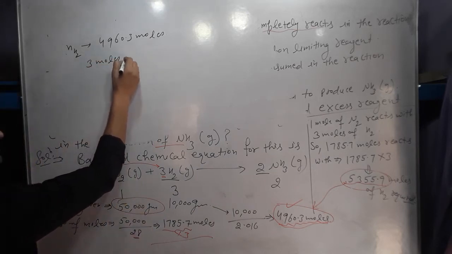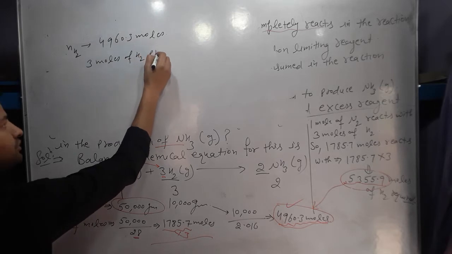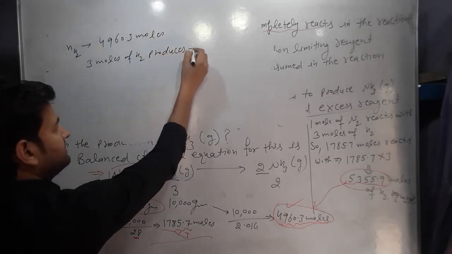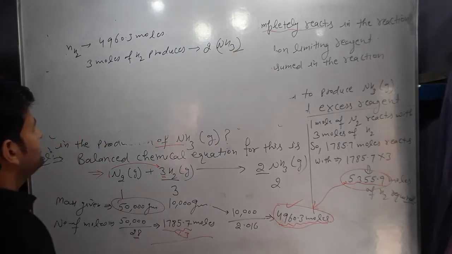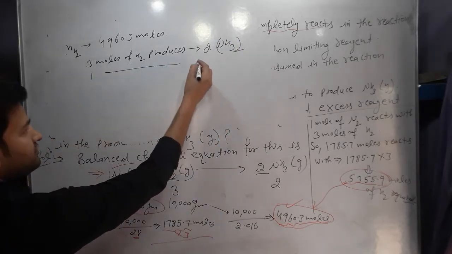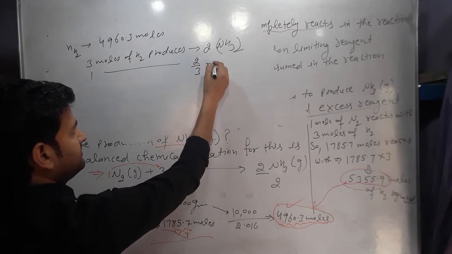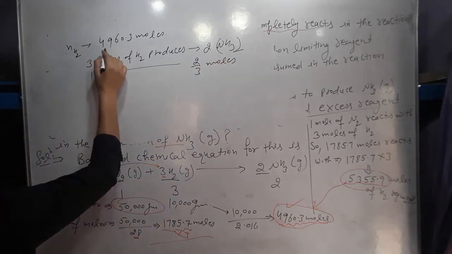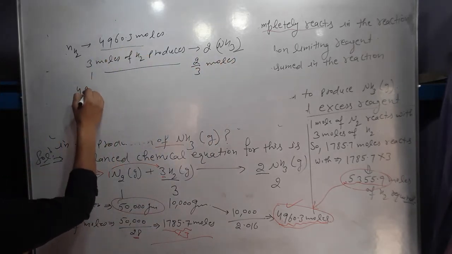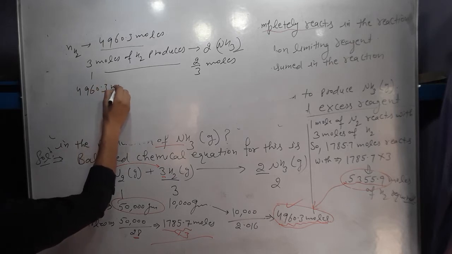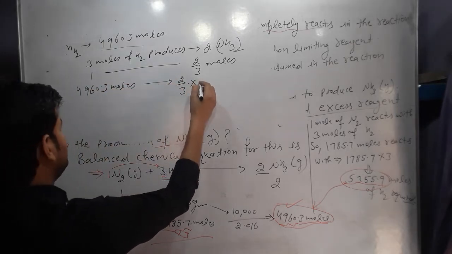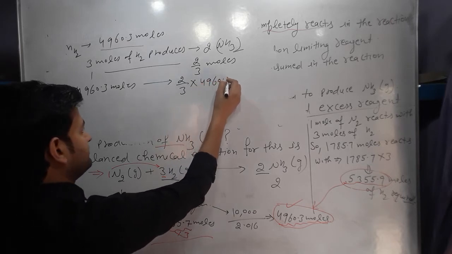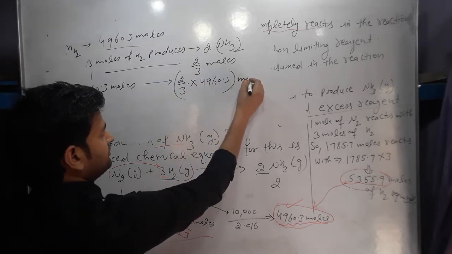If 3 moles of hydrogen produce 2 moles of ammonia, then 1 mole of hydrogen will produce 2 by 3 moles, and 4960.3 moles of hydrogen will produce 2 by 3 into 4960.3 moles of ammonia.